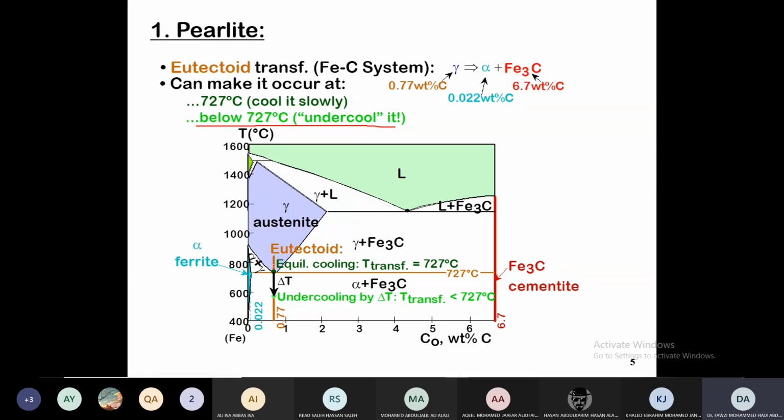Now, if we are at the eutectoid composition, let's say at a temperature just above the eutectoid temperature, and we jump to a temperature of this much, this is one heat treatment that we want to do, one development from here to there.